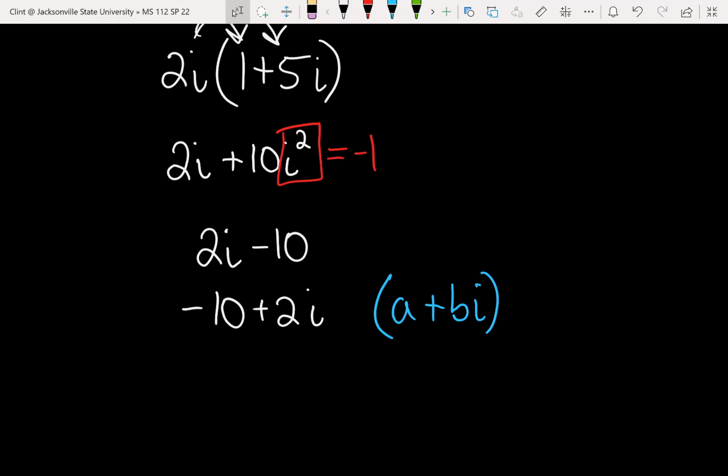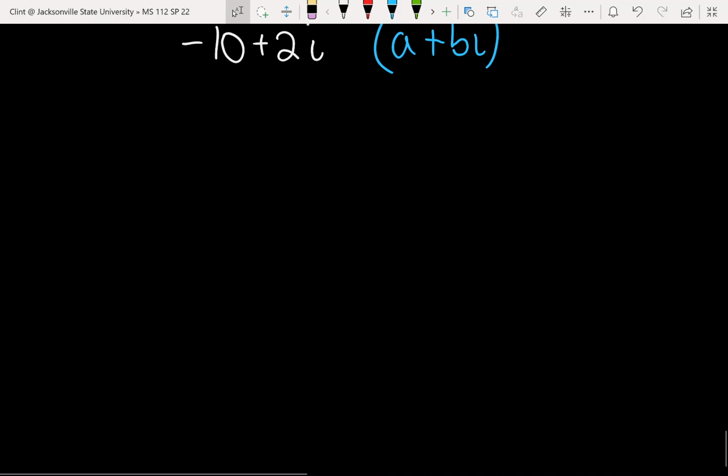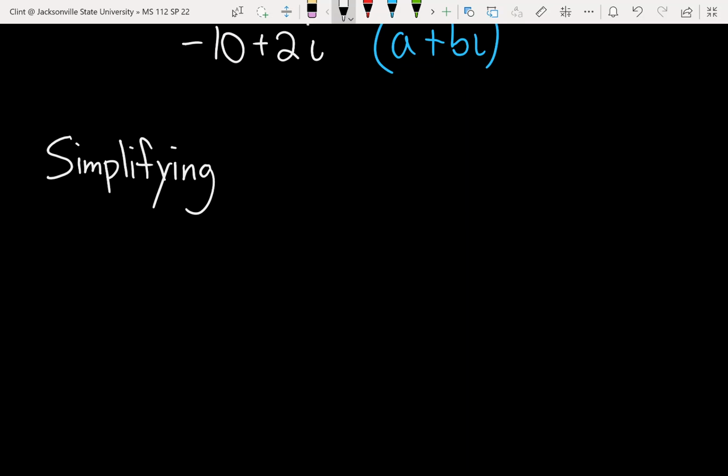Okay, so one other operation we want to be able to do with complex numbers, and as fun as algebra class can get, this last one's kind of fun from an algebra perspective, more fun for some people than others. Because this is something we can't do with real numbers.